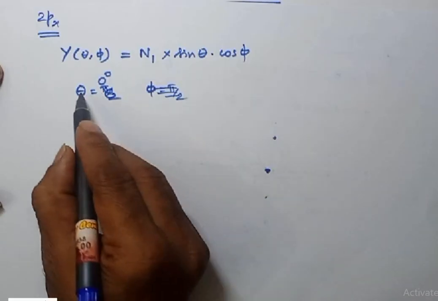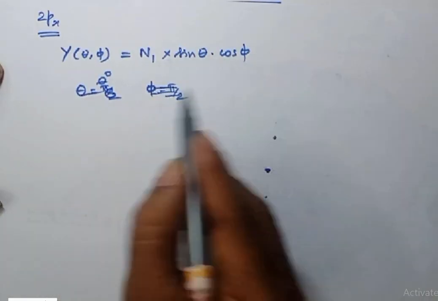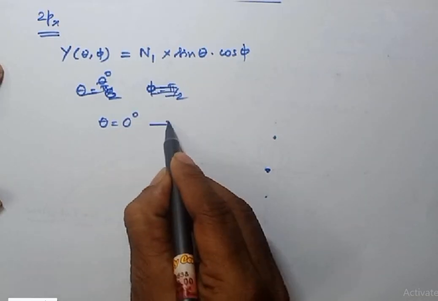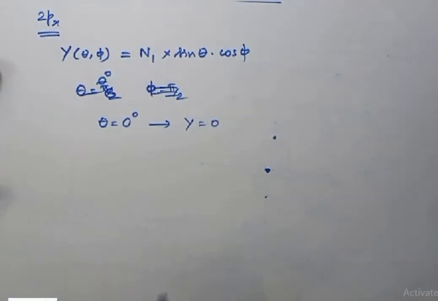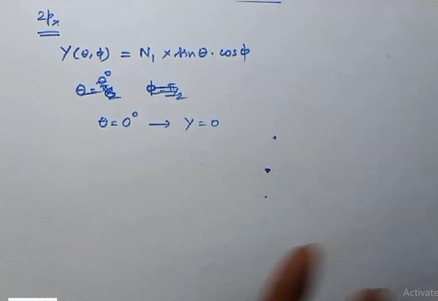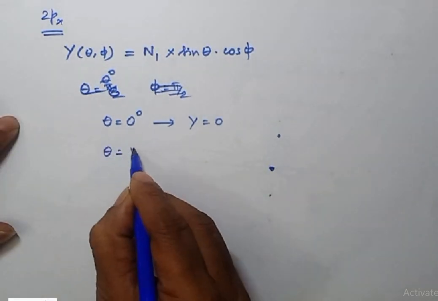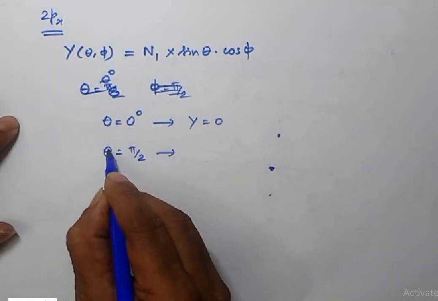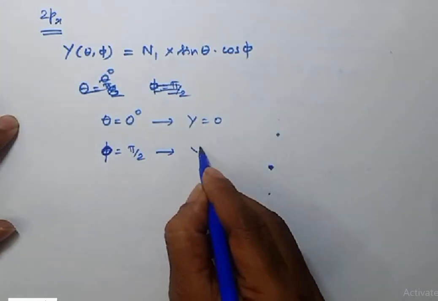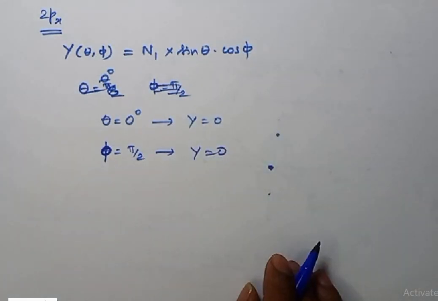I'll keep things separately. If I put theta equal to 0 degree, then the function becomes 0. If I put theta 0, sin 0 is 0, so the entire function becomes 0. Or if I put phi equal to pi by 2, cos pi by 2 is 0, then also the wave function becomes 0.